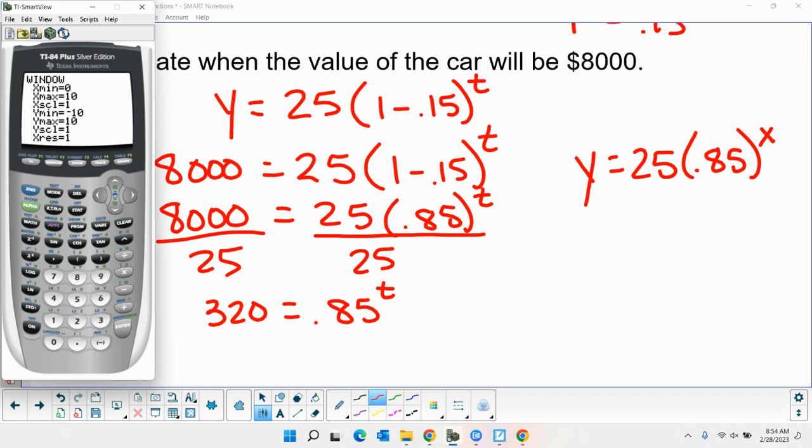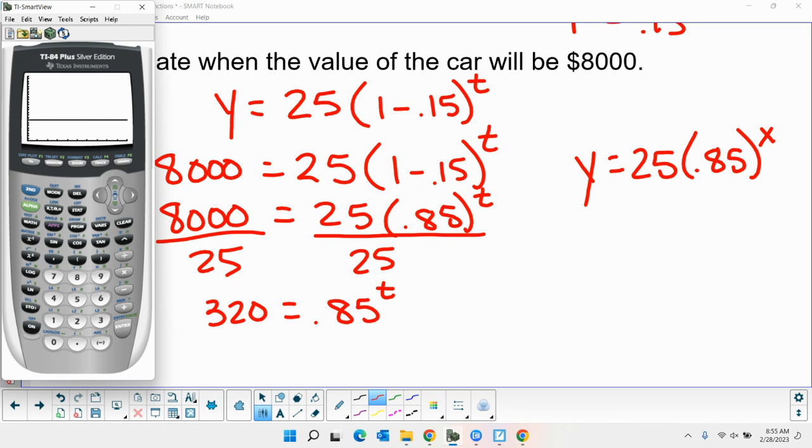The X, let's just go 0 to 10 years, by ones. The Y min would be $0, and the Y max would be 25,000. And let's go by thousands so we can look at it a little better. We don't have to go by ones. And then hit graph, and we'll be able to see it better.